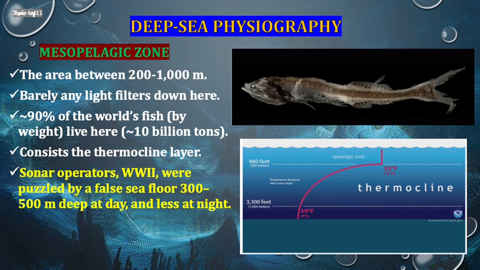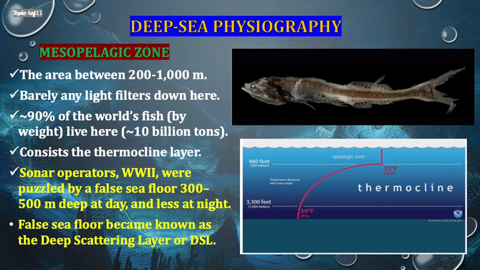The sonar operators of a Navy vessel sailing during World War II were puzzled by the sudden rise and fall of the seafloor between 300 to 500 meters during the day, and it got lesser and lesser at night. They were really baffled by the quick changes of the ocean floor, wondering why the seafloor moved that fast.